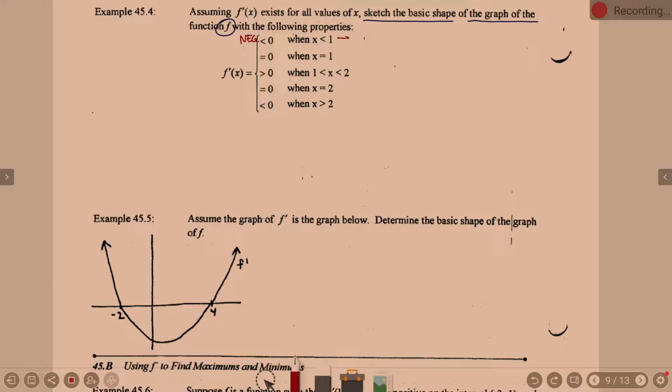So we know over here when we draw the graph that f is decreasing. So when x is less than 1, our graph is decreasing. When f prime of x equals 0, what do we know when the derivative equals 0?